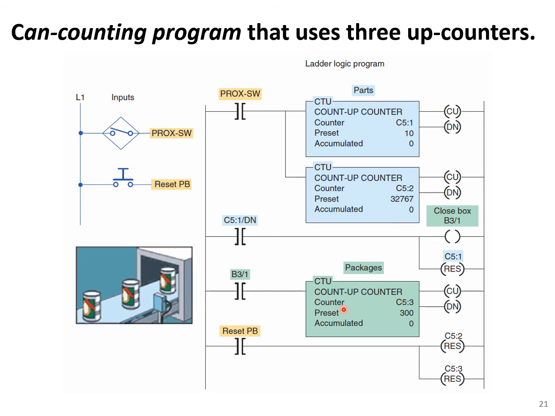Here, once the down bit of C5.1 is true, we will close the box. Once we have closed the box, this contact will be true, and the accumulated value of the packages counter will increment by 1.